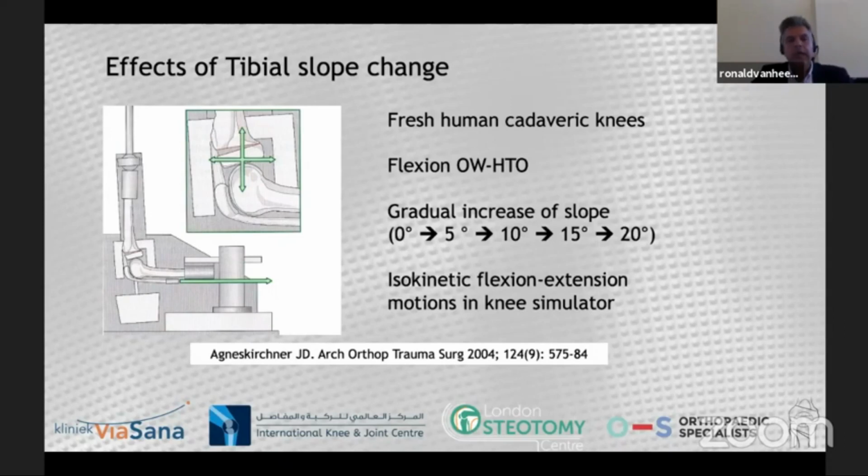So they were looking at what is the influence of a flexion, open wedge high tibial osteotomy in reducing the tibia, which is posteriorly sagged because of a PCL insufficiency. And they gradually increased the slope and looked at the position of the tibia relative to the femur.